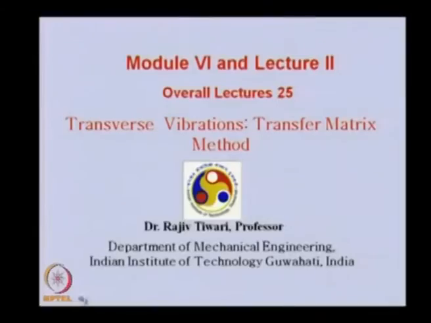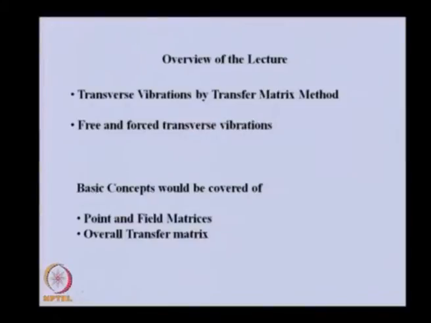So the matrices will be of the order of 16 by 16, but with single plane motion the point matrix and field matrix will be of the order of 4 by 4. So, let us see what we will be covering in this lecture.